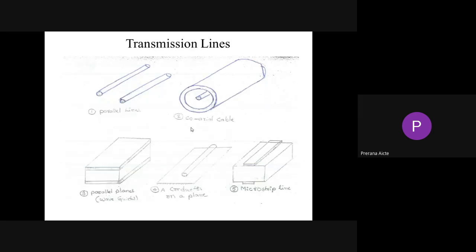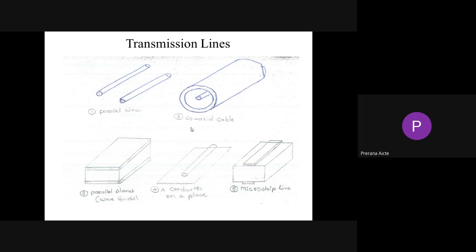Next. These are the examples of transmission lines. First one is parallel lines. Two parallel lines have the same cross-sectional areas. Second one is coaxial cables, for example dish wire.